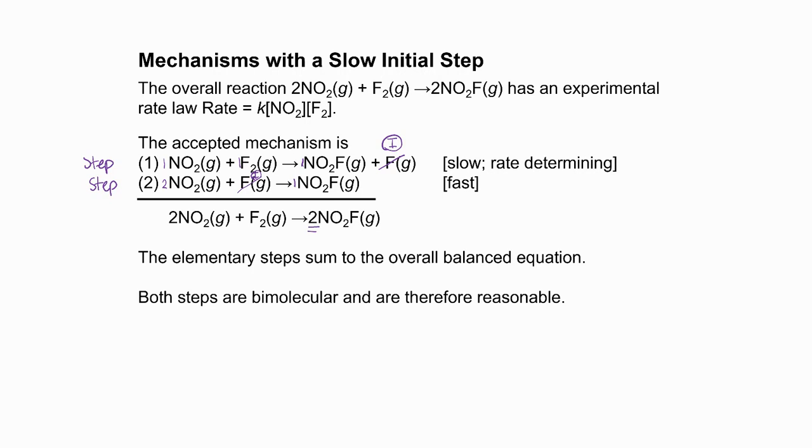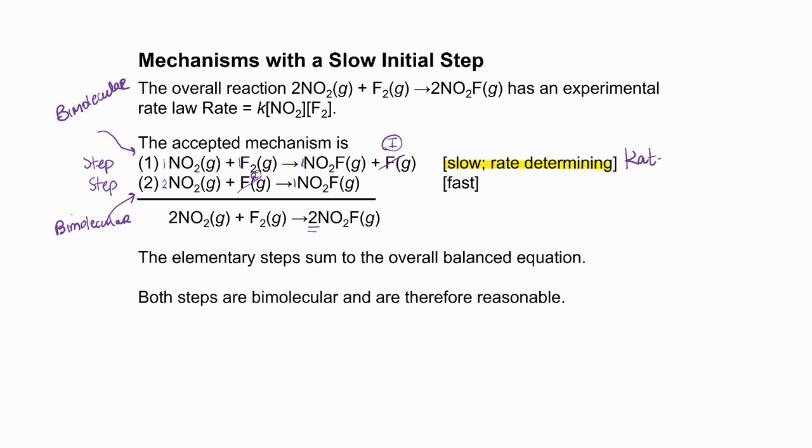The first step has two molecules colliding, so that's bimolecular. And the second step is also bimolecular. Then the slow step is the rate determining step. You can't go faster than your slowest step. So in this case, we're going to write the rate law for the slow step.